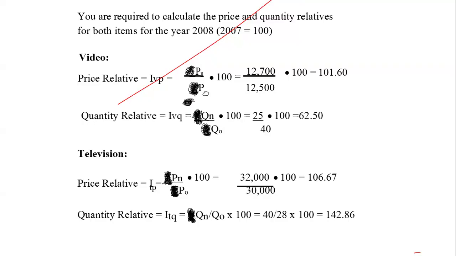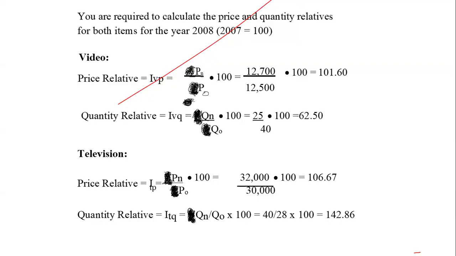So you are required to calculate the price and quantity relatives for both items for the year 2008 based on the base year 2007, which is always 100%. So you must always remember that the base year is always 100%.